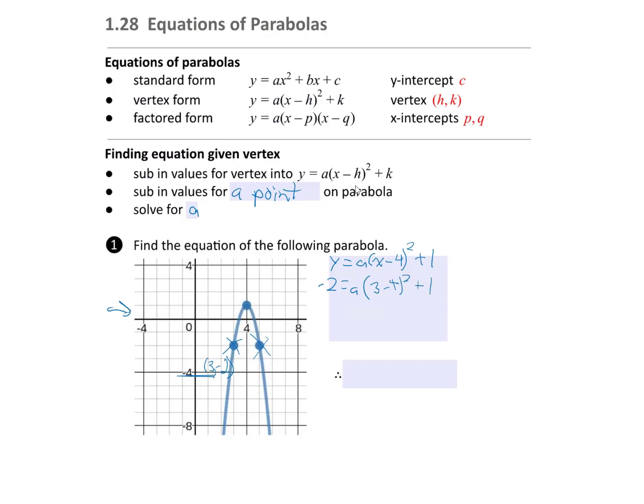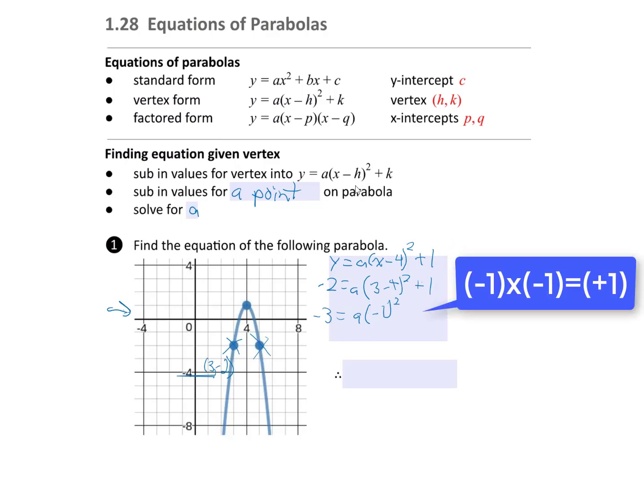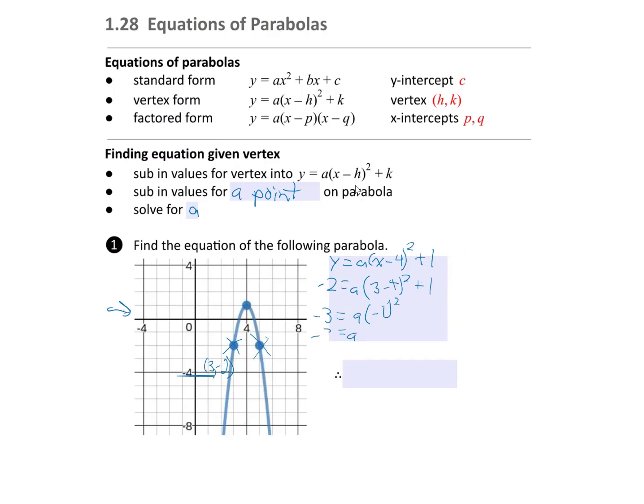We can move the 1 over, and then we'll get negative 3 equals a times 3 minus 4, which is negative 1. So negative 1 squared is positive 1, and positive 1 times a is just a itself. So we get a is equal to negative 3. Therefore, a equals negative 3.